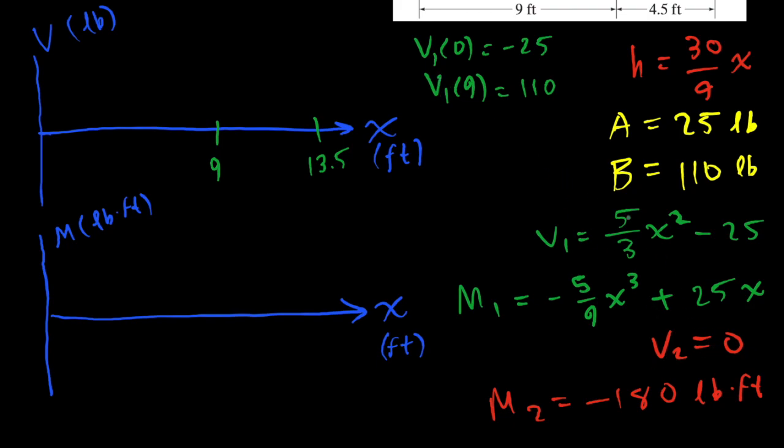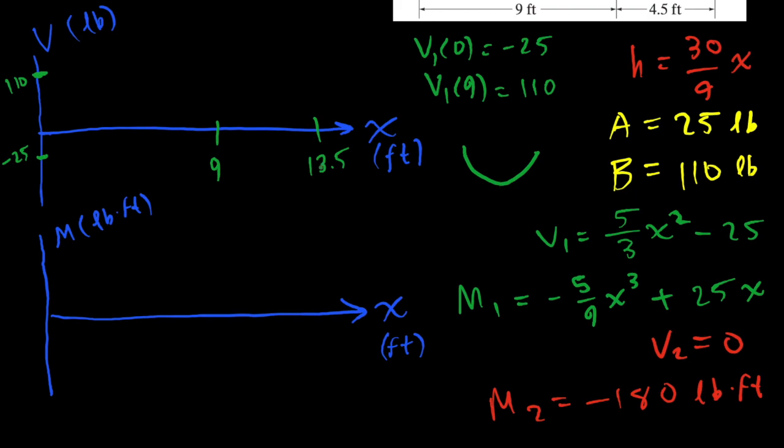Well, V2 is 0, so let's sketch our starting point for the shear diagram. V0 is minus 25, so around here, that's minus 25. And we also have the maximum, or the termination point, so we have 110. We see that the sign for the x squared term is positive, and we know from algebra that when a quadratic term has a positive sign in front of it, it's concave up.